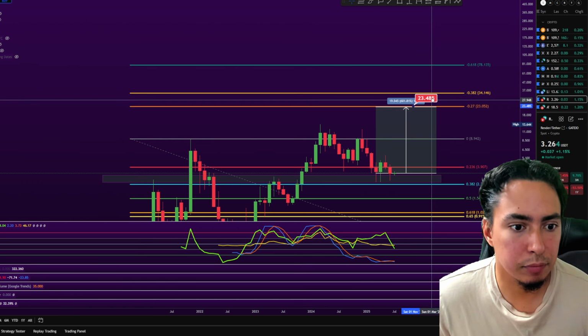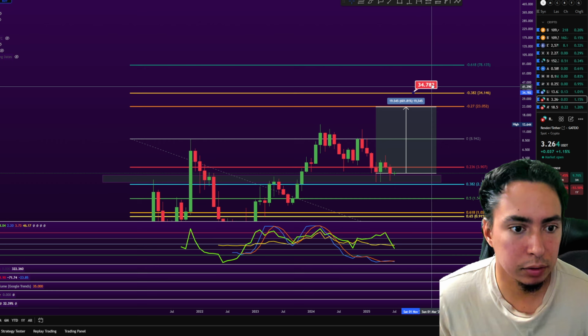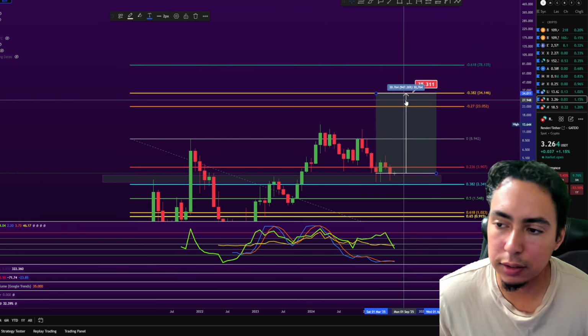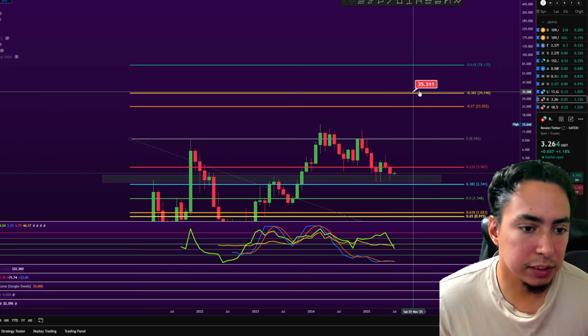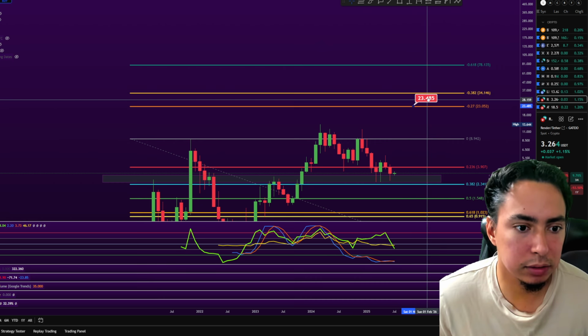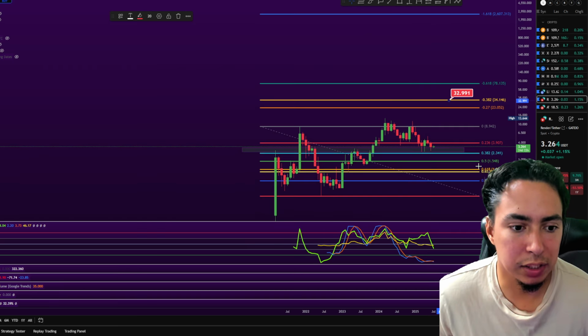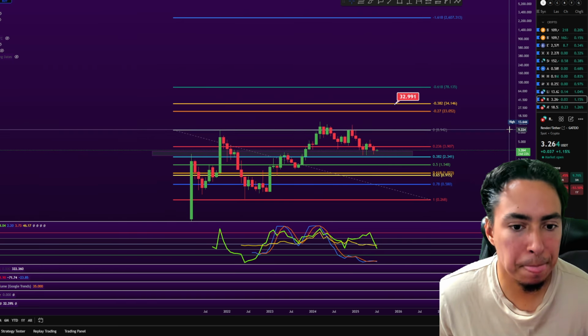My higher price prediction here is 34, or basically 35 bucks, which from right now is basically a 10x. So somewhere between 23 and 35 is the sell zone for me based on Fibonacci. This is where I see Render topping out.